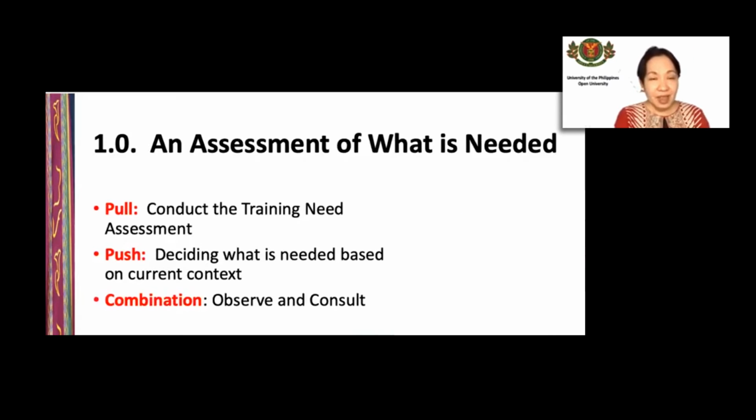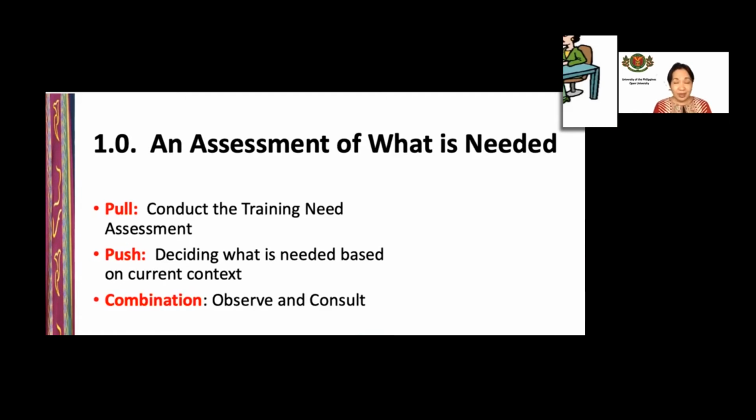So initially, of course, before you can even develop, so we're now talking of the re-entry action plan, because what we really hope to see from your end is your plan to conduct your own training program in your university.